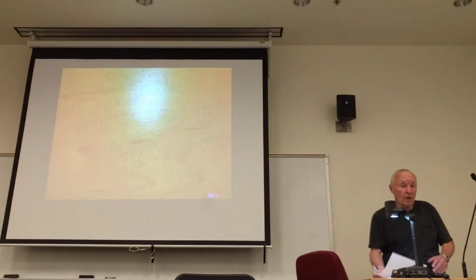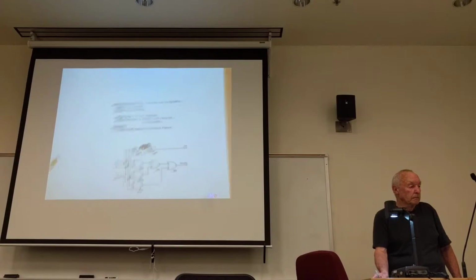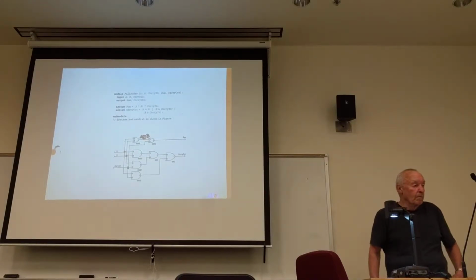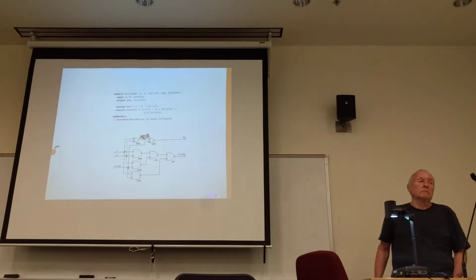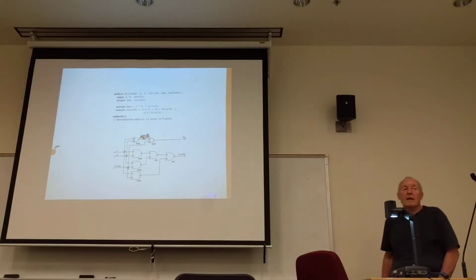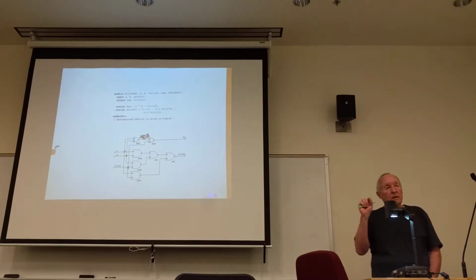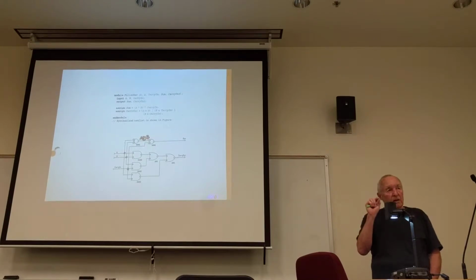So if we instead used a non-blocking for this combinational logic, might it accidentally synthesize a less efficient synthesis? No. The use of non-blocking for sequential logic has a completely different reason, which I'm going to get to shortly.